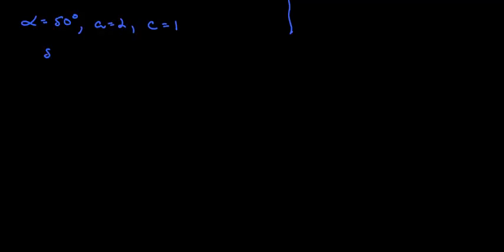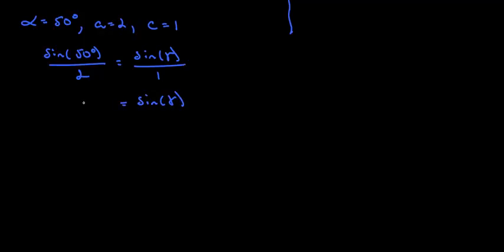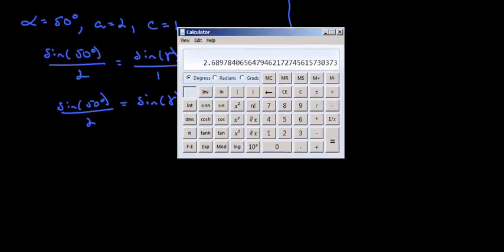So we would say the sine of 50 degrees over 2 is equal to the sine of gamma over 1, or C. So we'll go ahead and solve this, and we get sine gamma is equal to sine of 50 over 2. So we'll take the sine of 50.